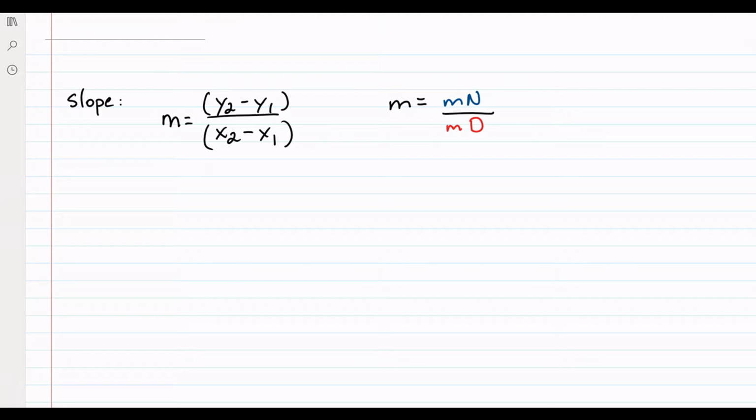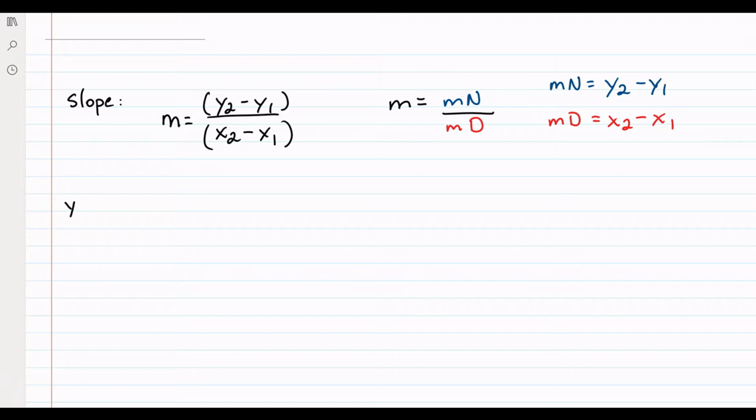My mn is just going to be y2 minus y1, and my md is going to be x2 minus x1. Okay, so getting m to display as a fraction is pretty straightforward. We just have to print out mn and then a slash and then an md.